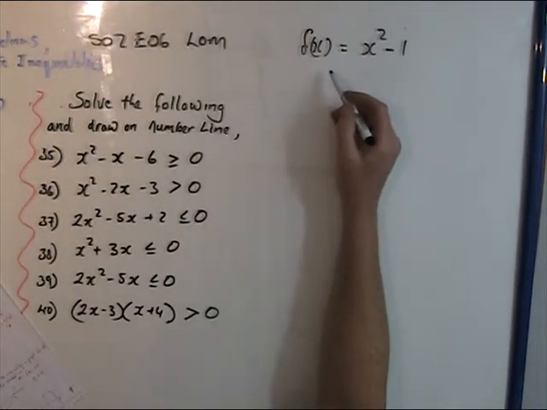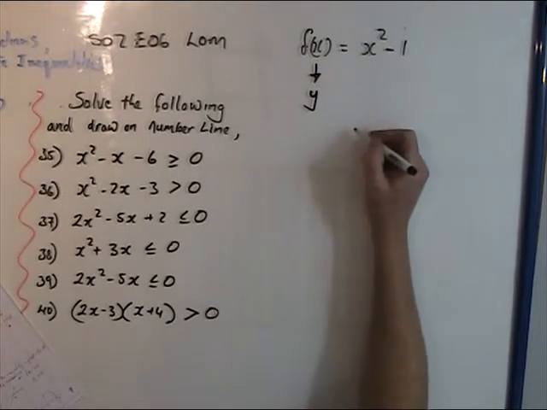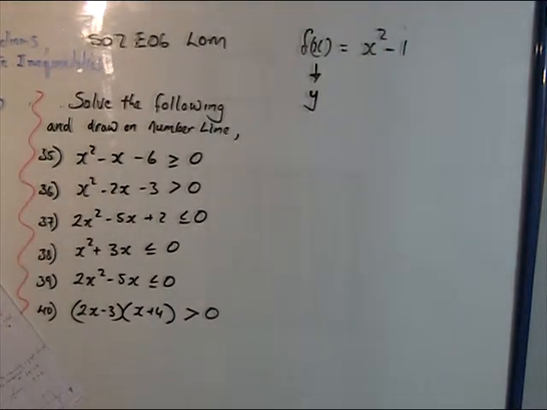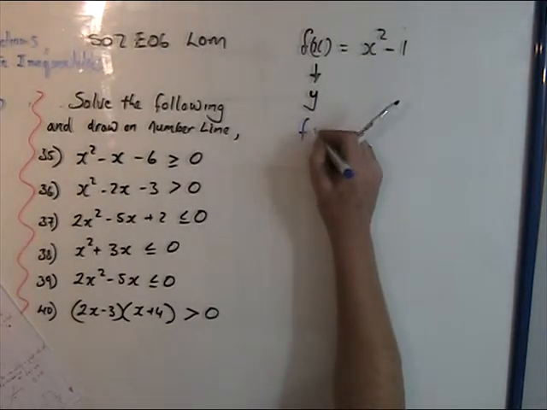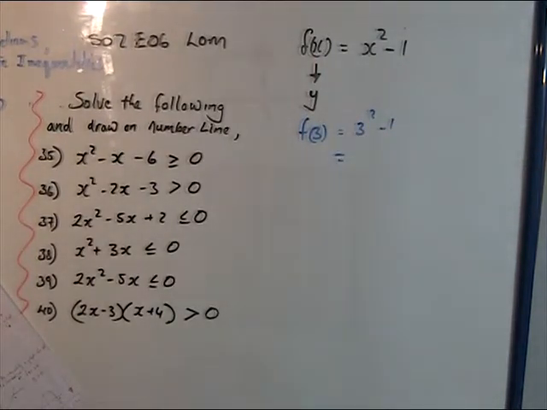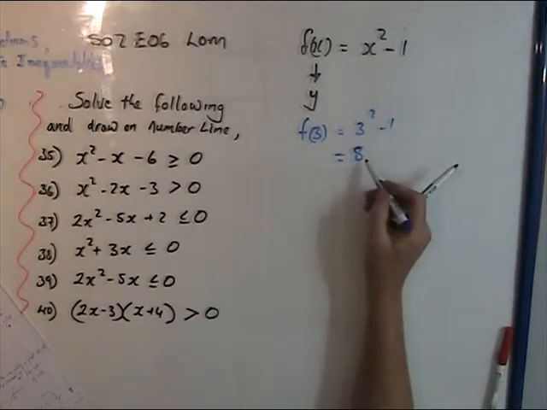Now, just to let you know that f of x is y. If I put in any value for x, I've done this so many times, I get out a corresponding value.